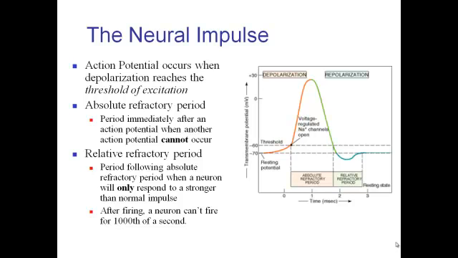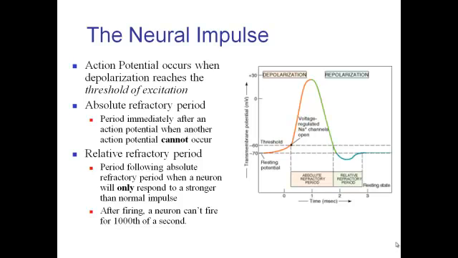I want to clarify a couple of things when it comes to the action of the neuron. As I said before, the action potential occurs only when the depolarization reaches the threshold of excitation. If you take a look at this chart, you can see that the resting potential, the charge of the neuron, is at negative 70 millivolts.